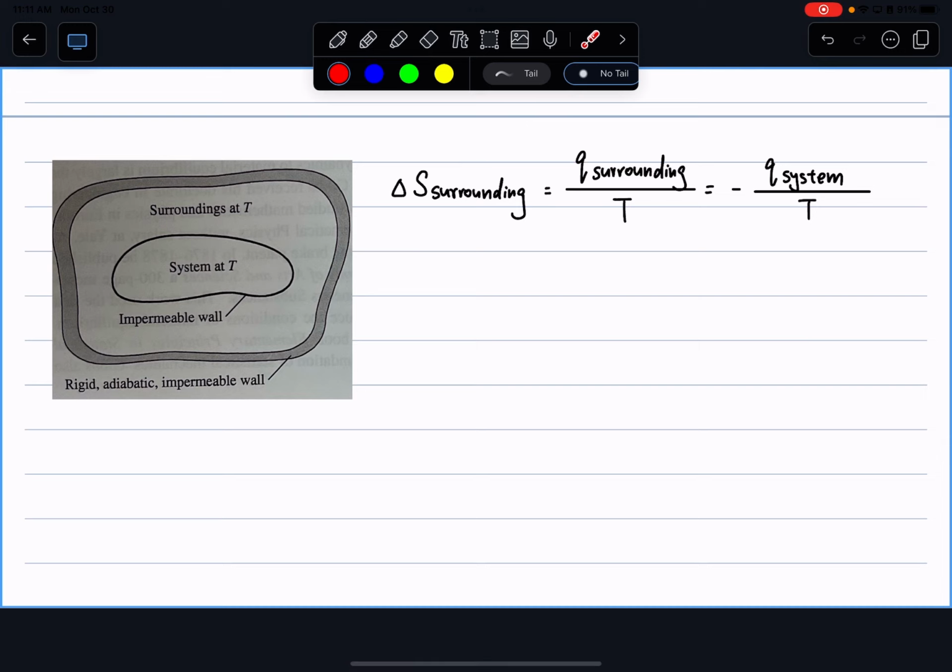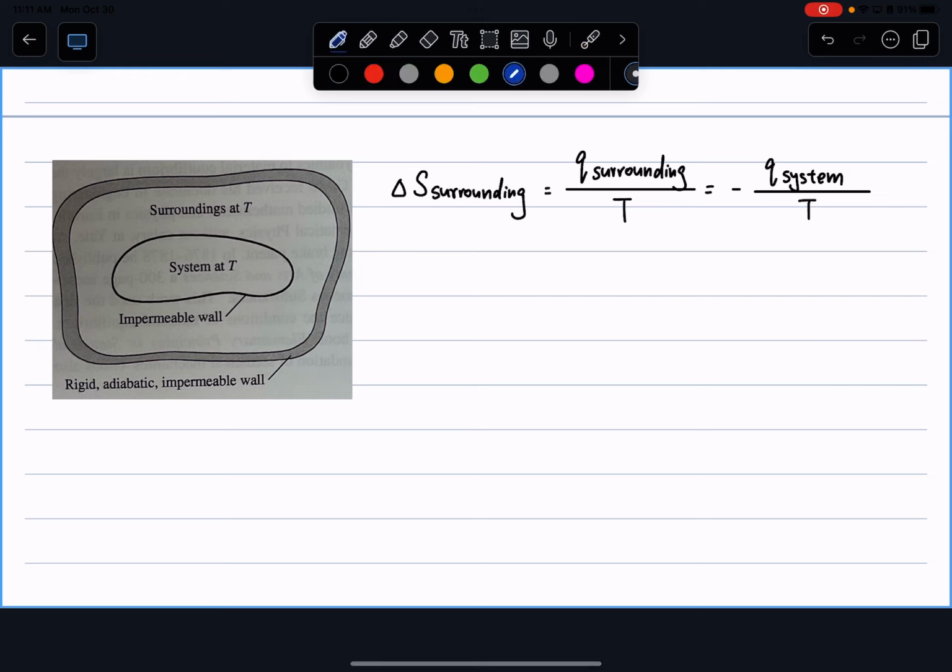The change of entropy of your surroundings always equals Q surroundings over T. The reason we can say this, even if we have irreversible reactions taking place within the system, is that as long as the heat transfer between the system and the surroundings is slow, your surroundings are always at equilibrium. And in this case, we have the heat of the surroundings equals the negative heat of the system. This is something we've done before in our previous lecture.